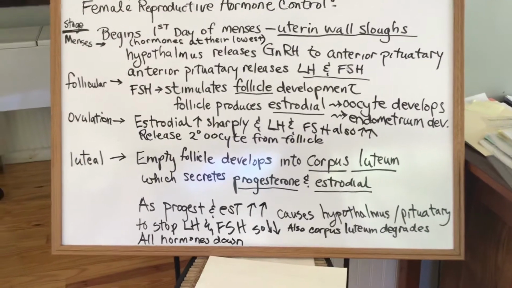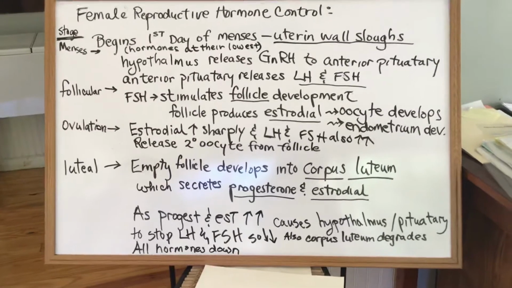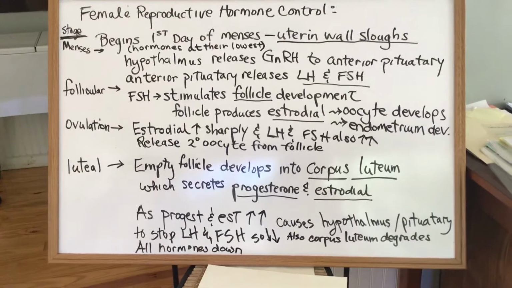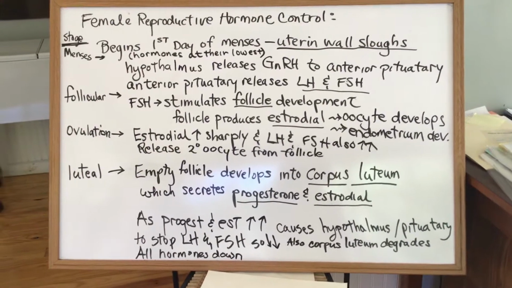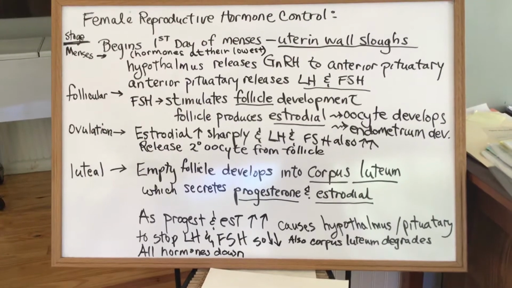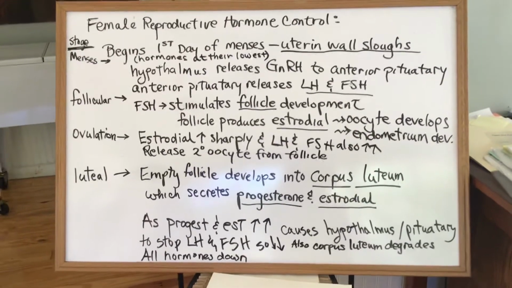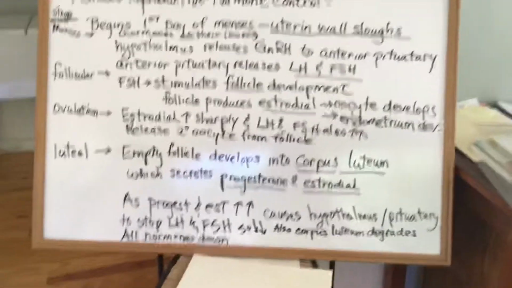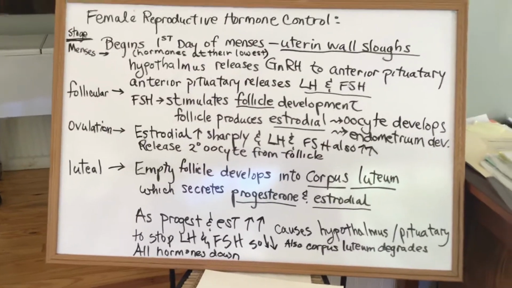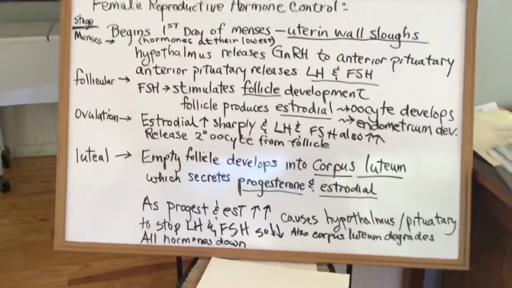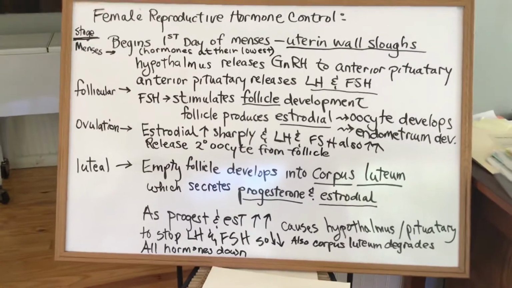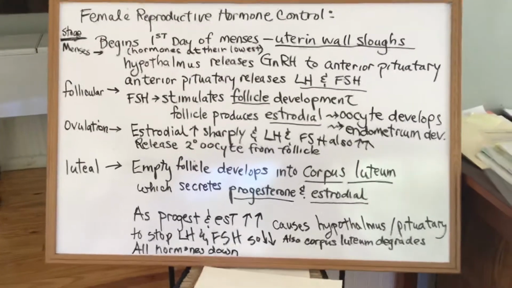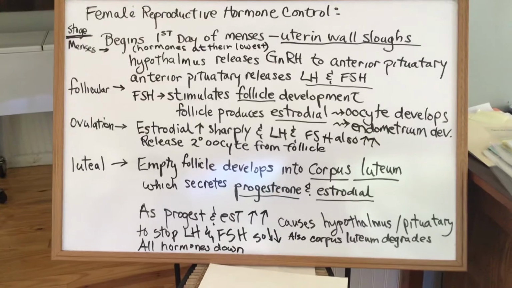hormonal control, all right? So what happens is, just like in the male, the hypothalamus will release the gonadotropin releasing hormone to the anterior pituitary gland, which then releases luteinizing hormone and follicle stimulating hormone. Those hormones, especially follicle stimulating hormone, are going to influence follicular development. A follicle is a group of cells that surround the oocyte, the cell that is going to become the actual ovum.